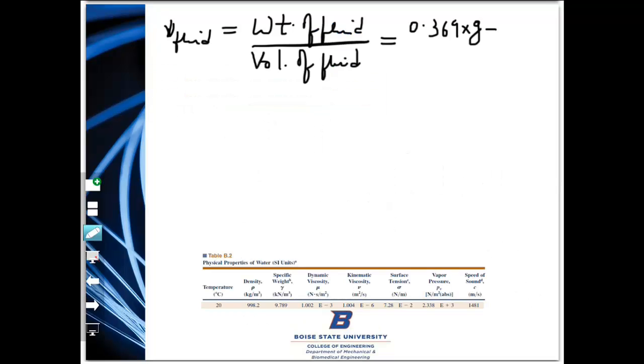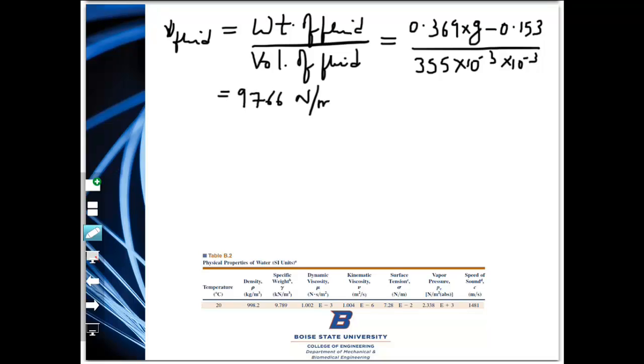So that gives us the weight of the fluid essentially in the can, divided by the volume of the fluid. I want to have everything in SI units, so I'm going to convert milliliters to liters. So this is what I end up with. If you put in the numbers, this will be 9766 Newton per meter cube.